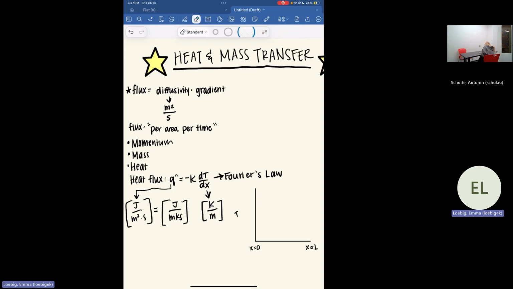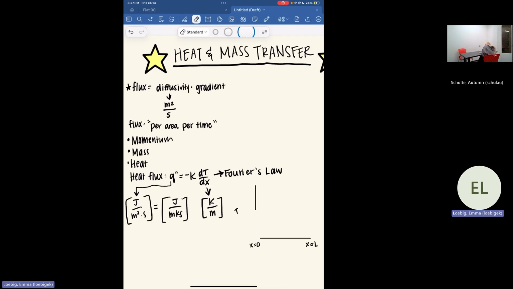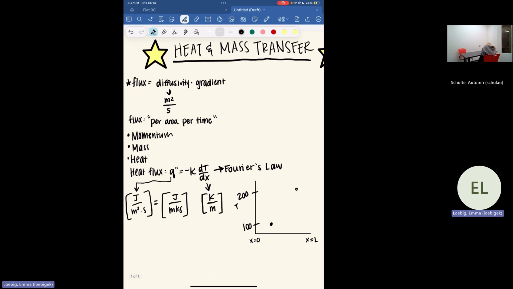Now let's say we have this object. And this object at differing positions has different temperatures. At one position, some position x, the object is at 100 degrees Celsius, while at a different position, it is at 200 degrees Celsius. This relationship is linear.